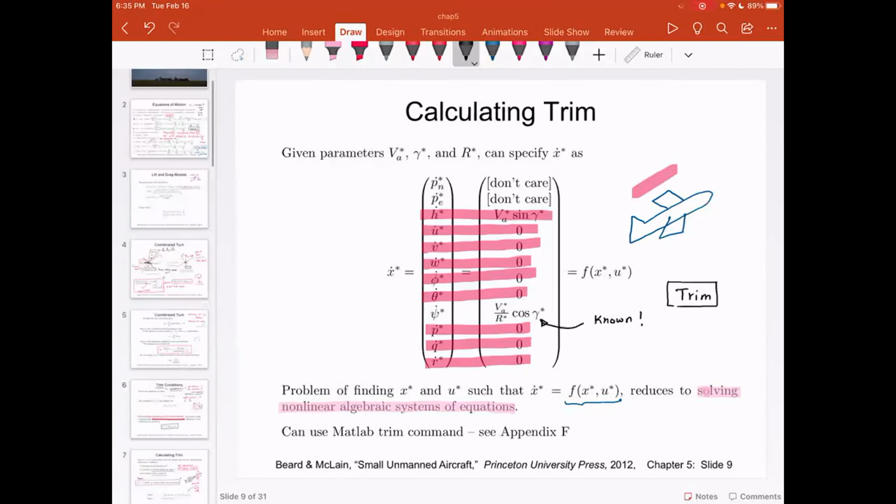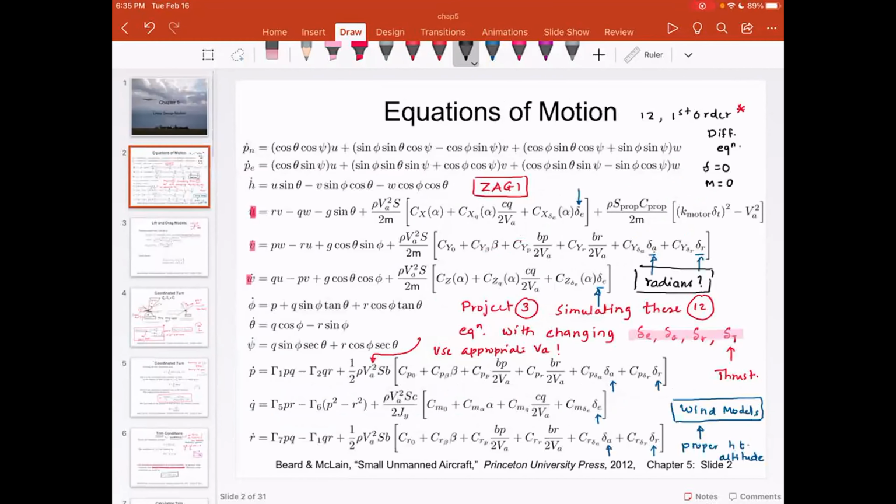And trim is a MATLAB command that takes input just like ODE45, which is nothing but the set of equations. And just like MATLAB solves an ordinary differential equation, the trim function will solve a set of nonlinear algebraic equations and give you the values.